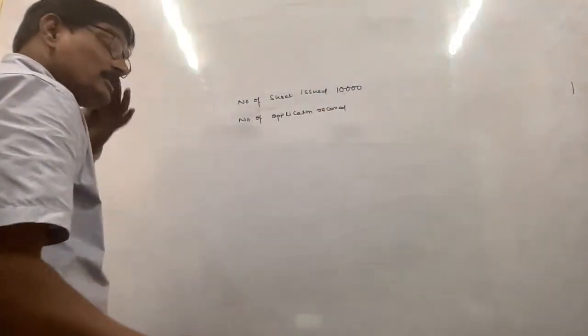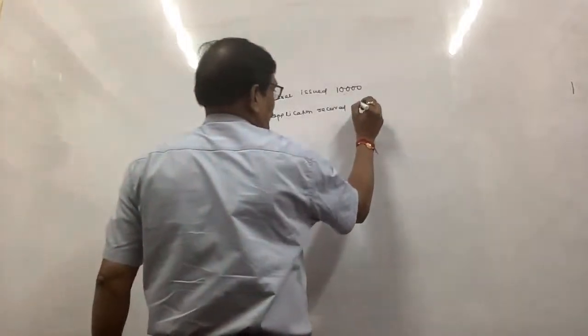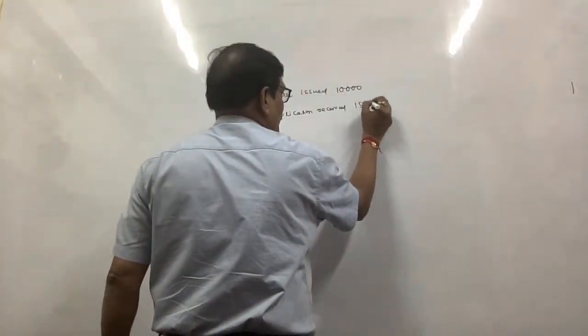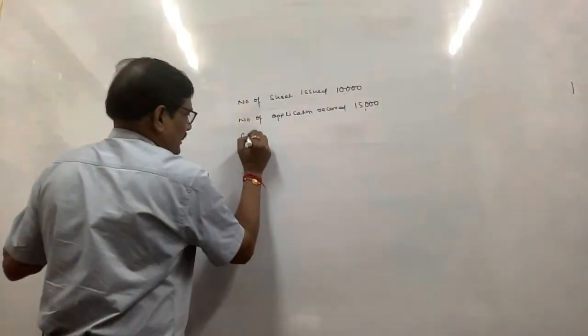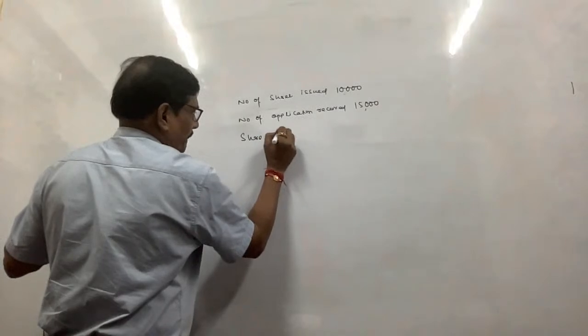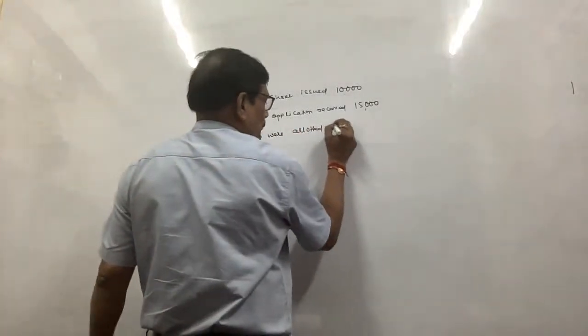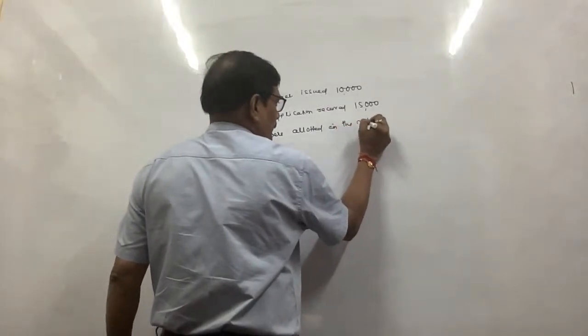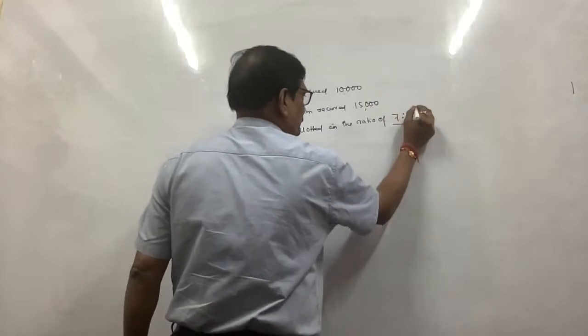Number of applications received, say 15,000, and shares were allotted in the ratio of 7:5.